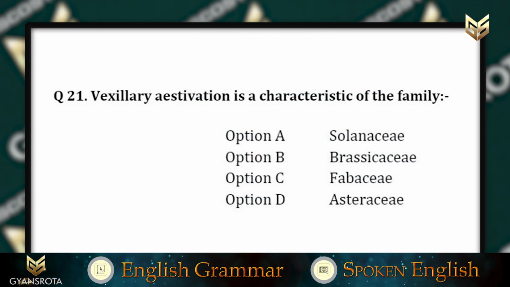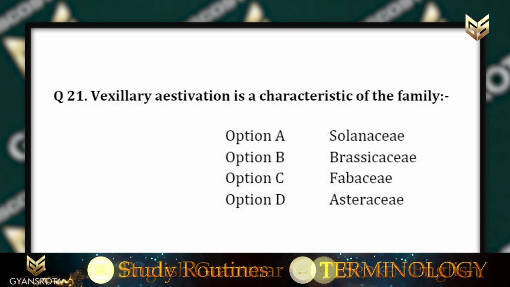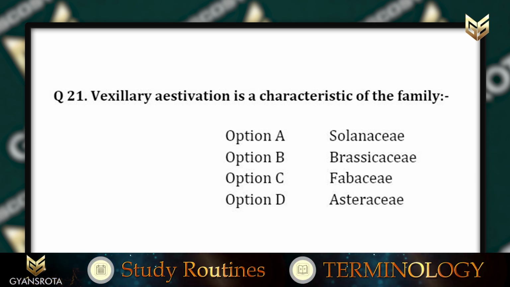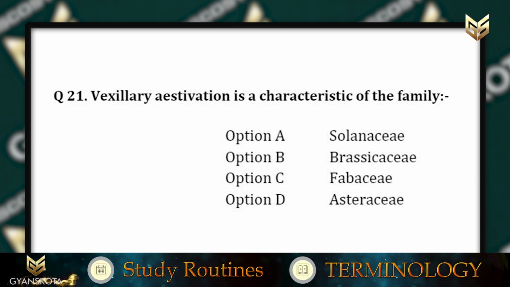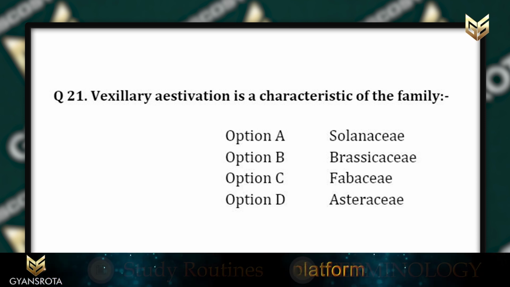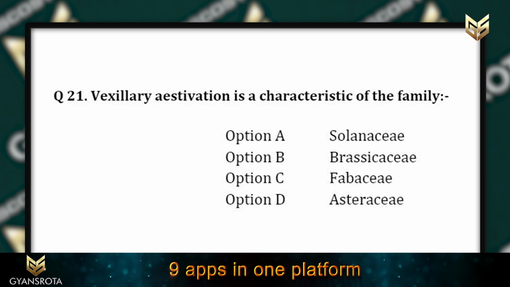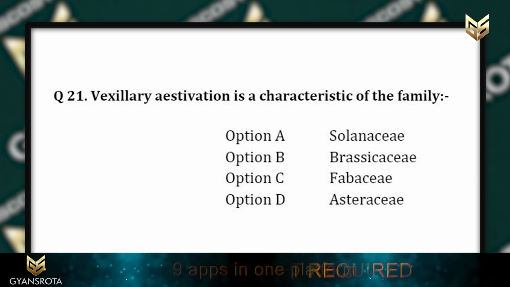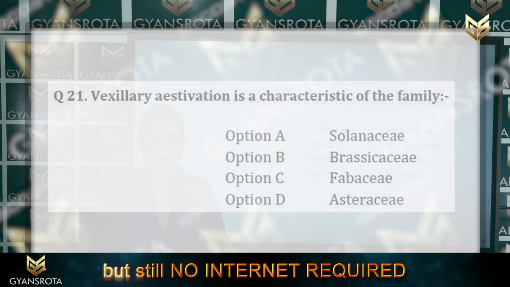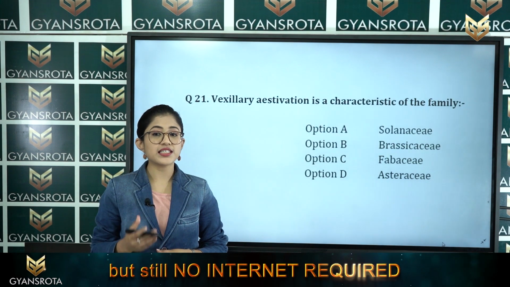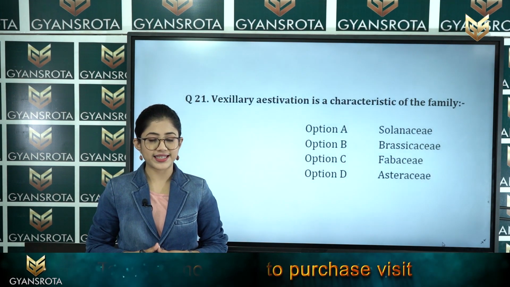In this question number 21, you can see here axillary aestivation is a characteristic of the family option number A, Solanaceae, option number B, Brassicaceae, option number C, Fabaceae, and option number D, Asteraceae. Student, this is from the chapter Morphology of Flowering Plants.